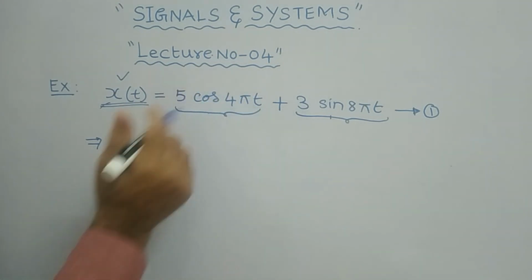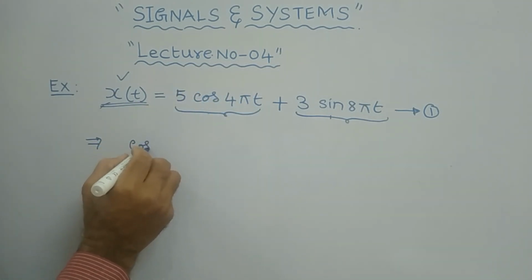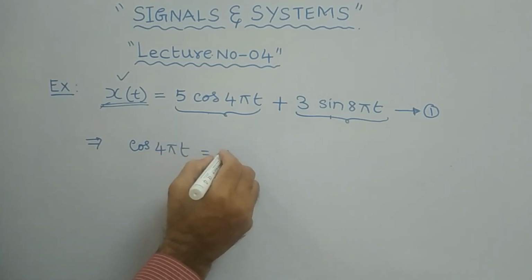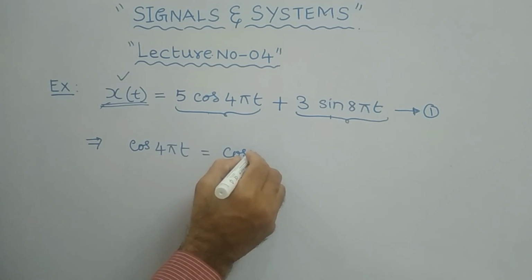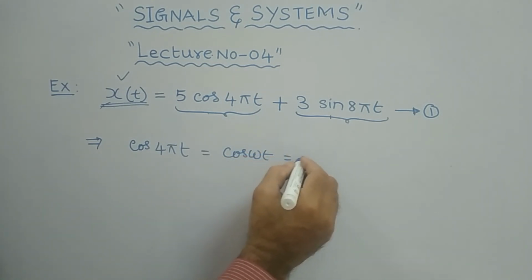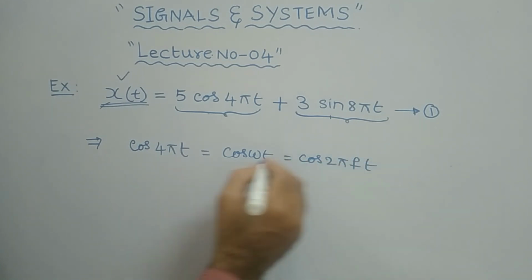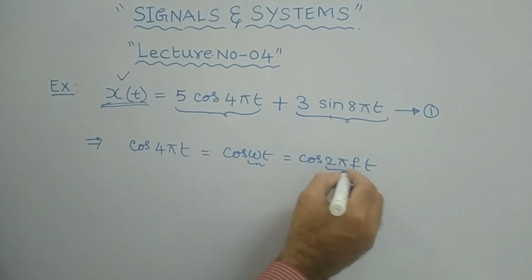If you equate this, cos of 4 pi t is equal to what is our standard form? Cos of omega t. Clear? And it is further cos of 2 pi f t. Clear? Because our omega is 2 pi f, that's why.